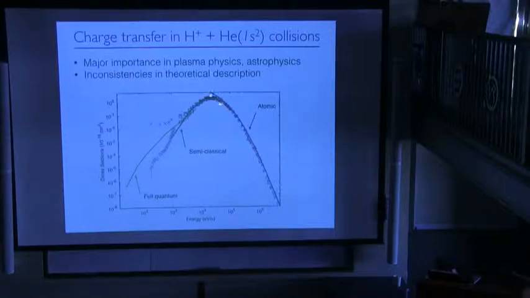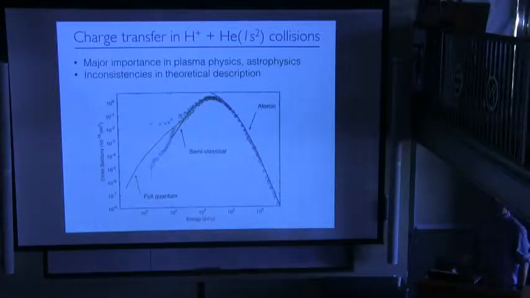But it's not completely clear how they overlap, okay? Here it seems like they overlap well, but the slope of the cross-section is not the same. And here, the atomic method doesn't recover the shoulder of the cross-section very well. So it's not completely clear how you can combine all the different methods, but it's quite important if you want to know the cross-section exactly at that point. You have to be careful.